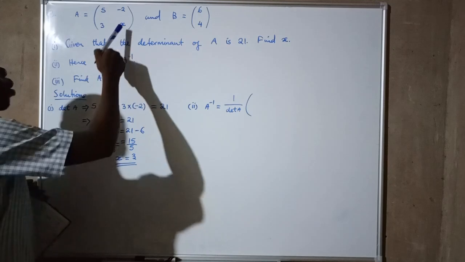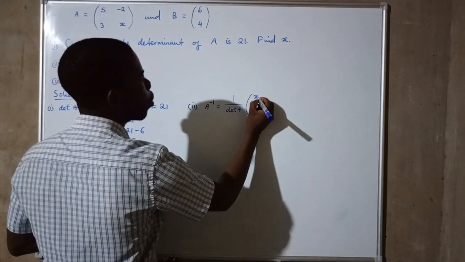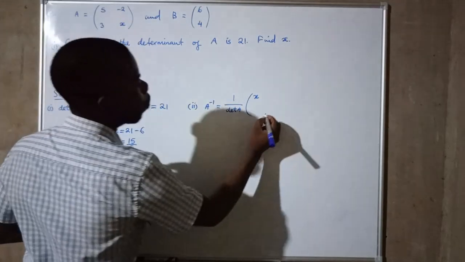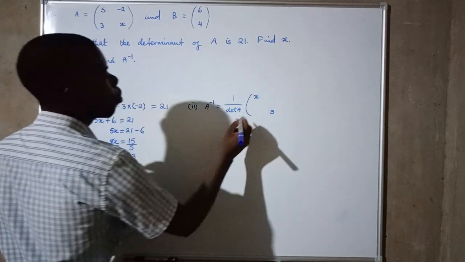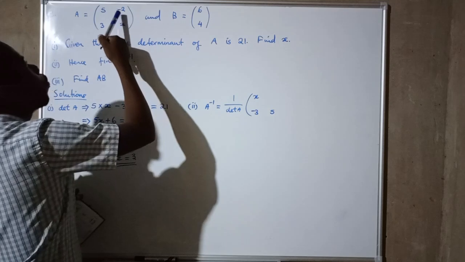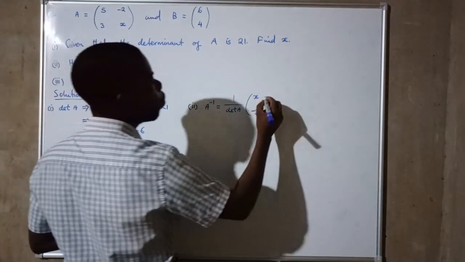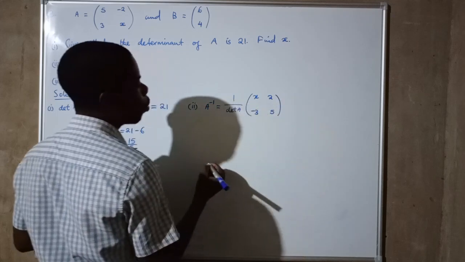We need to get this one comes here, this one here, we'll have x, then that 5 comes here, then this one becomes negative. This one is already negative. If we add another negative, it will now be positive, like that.